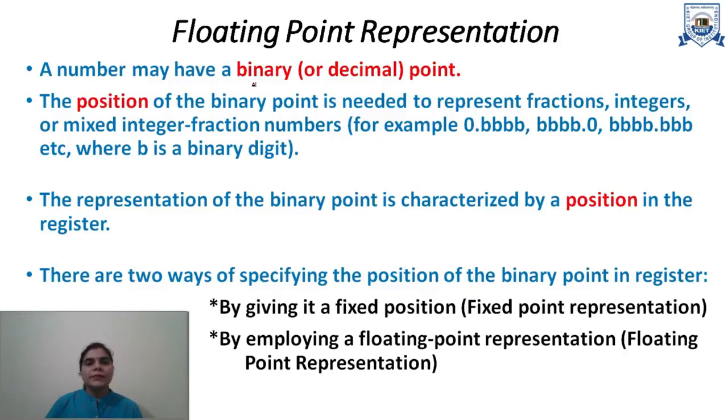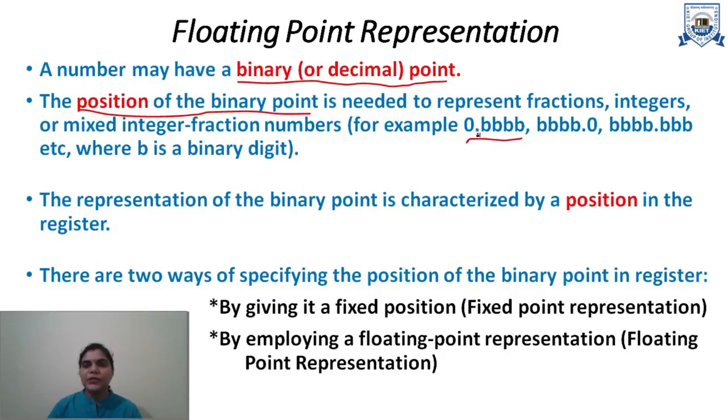A number may have a binary or decimal point. The position of the binary point always describes whether the number is an integer number or a fractional number or a mix of integer and fractional number. As you can see here in this example, the position of the binary point is at the left, so the number is a fractional number.